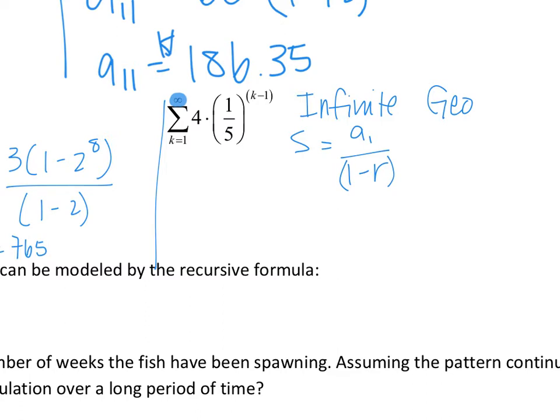That was supposed to be an S. The rate is not 5, it's 1/5. So 4 divided by 1 minus 1/5. And we get 5. All right. Next question.